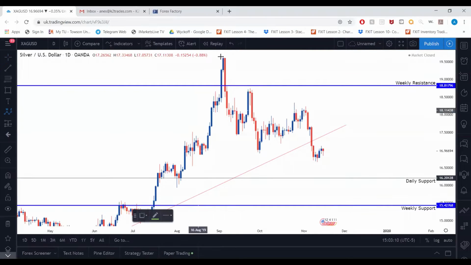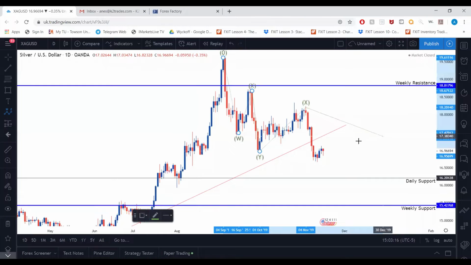Oh, okay. So W, X, Y, something like that, and then down now we should push another leg down here. So this is doing another maybe WXY or maybe ABC. Have to see. Yeah, I was about to say it looks like an ABCD correction to the downside as an extension.